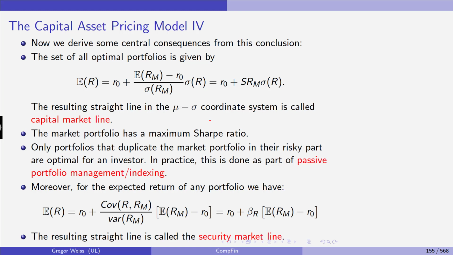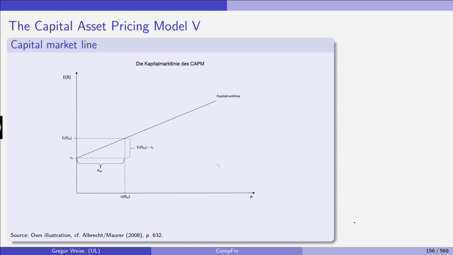Okay. Next, the expected return of any portfolio is given by R_0, the risk-free rate, plus the beta factor times the excess return of the market, and this is called the security market line. You see this on this plot. This is the capital market line, with sigma and the expected return here.